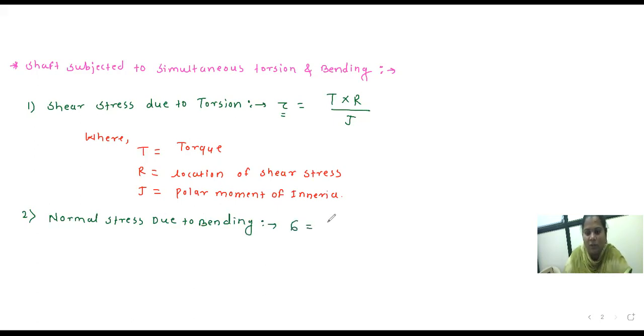So sigma is equal to M into Y upon I. So normal stress due to bending, where M is equal to, now you tell me, what is M?